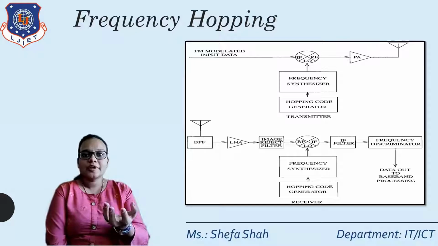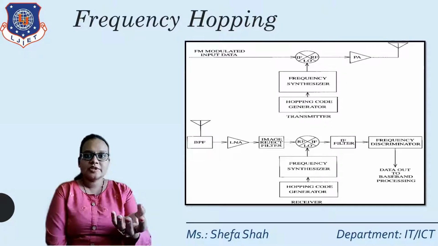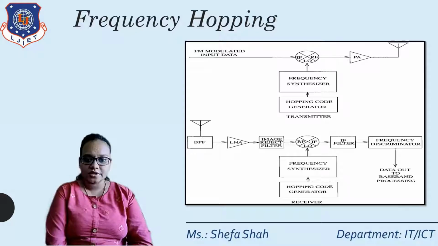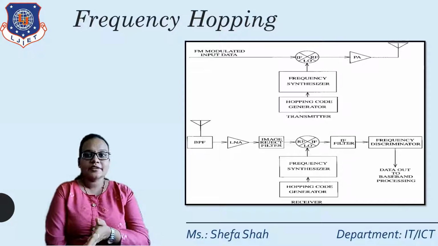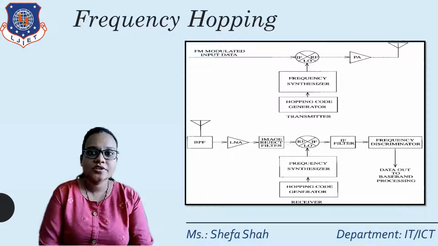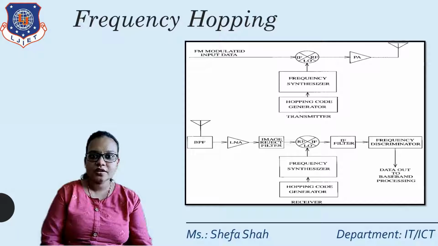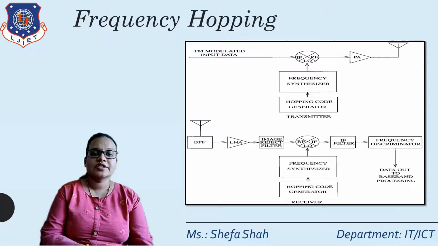So the frequency which has been eliminated at the transmitter side will be added to the received signal. Then this signal will be passed to the IF filter and frequency discriminator, right? And finally the output data, or received signal in the form of codes, will be obtained after processing this information. Clear?